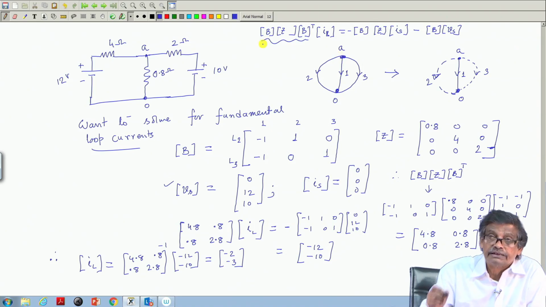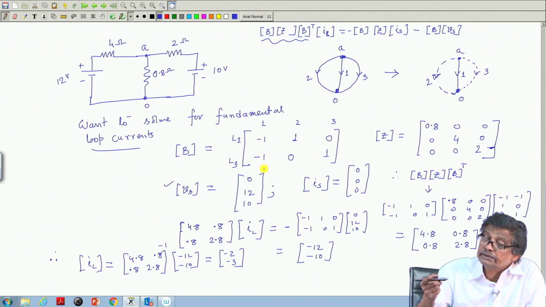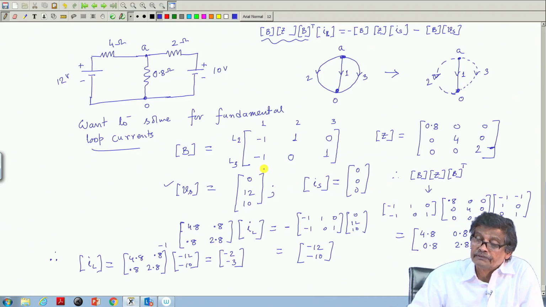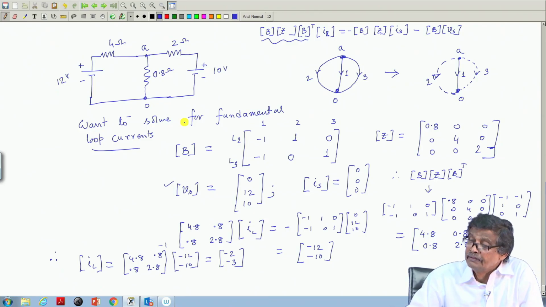Formation of the B matrix you have to do once, which has only entries plus 1 and minus 1, so do that correctly. Then the impedance matrix is also easy to obtain, see the elements. Source voltage and source current column vectors you can easily write. Let it be very big networks, do not worry about that.